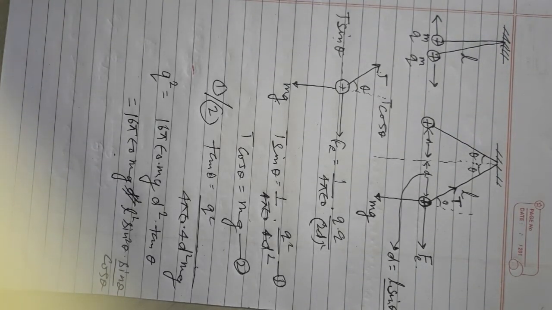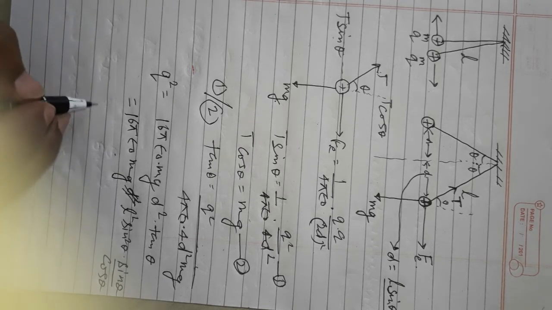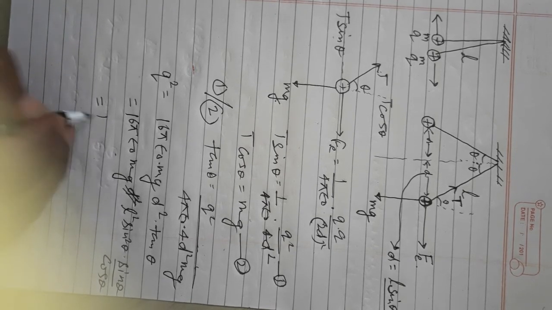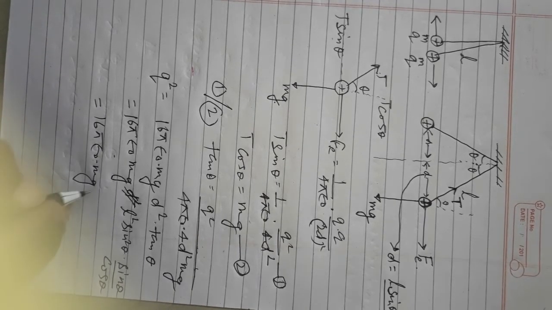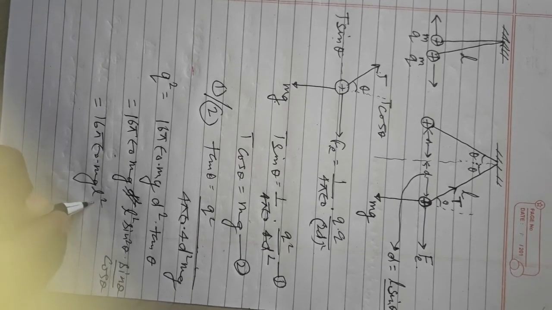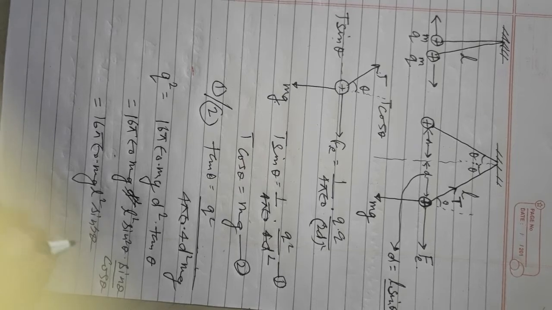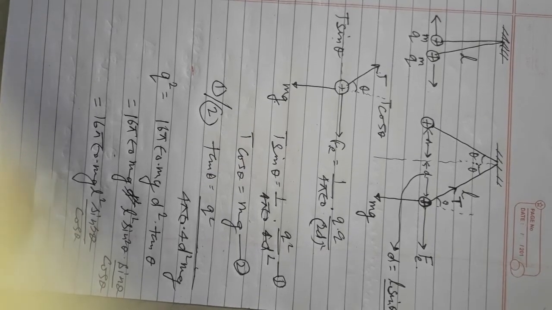Oh my god, I don't know what we are reaching here. So it will become 16 pi epsilon naught mg L square sin cube theta upon cos theta.